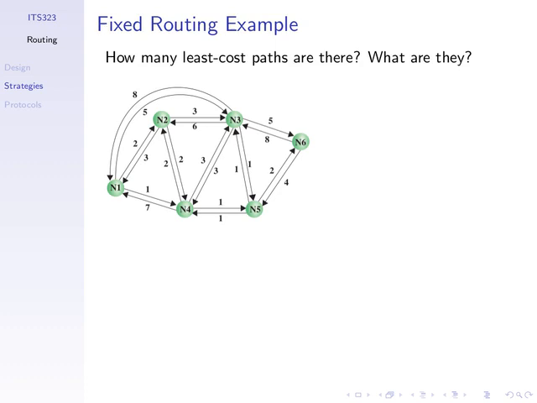So we calculate all the least cost paths. Third step, store that information in routing tables. So once we've calculated the paths, we store that in routing tables, only storing the next node in the path, making the table simpler than having to store the entire path.